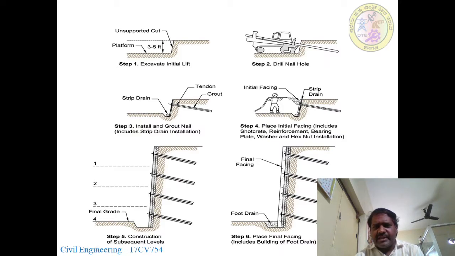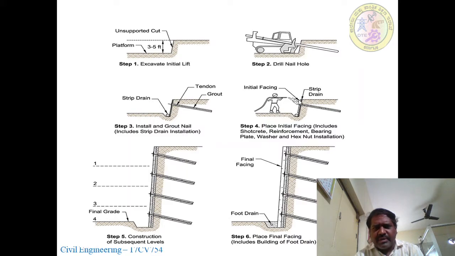Place initial facing includes shotcrete, reinforcement, bearing plate, washer and hex nut installation. All the process will be considered in step 4. So there will be shotcrete, reinforcement will be provided, and one plate will be perpendicular to the soil mass, with washer and nut installation. All of that will be considered here.